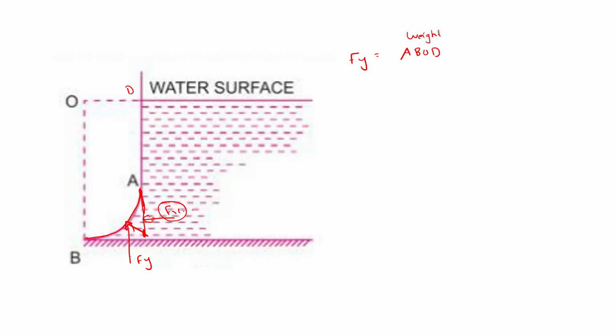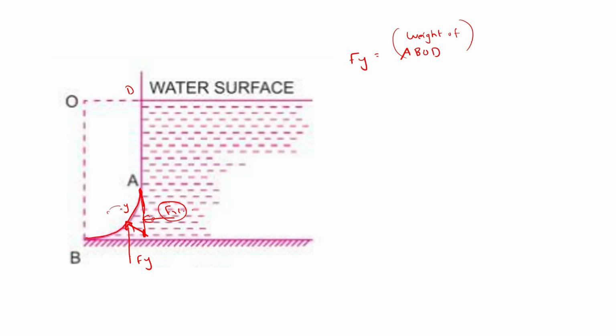See, there is no liquid here, but we will assume there is an imaginary fluid here. So for the imaginary fluid, actually the direction should be in this direction. Since it is imaginary fluid, we will take the opposite direction. Fy will be in the opposite direction.